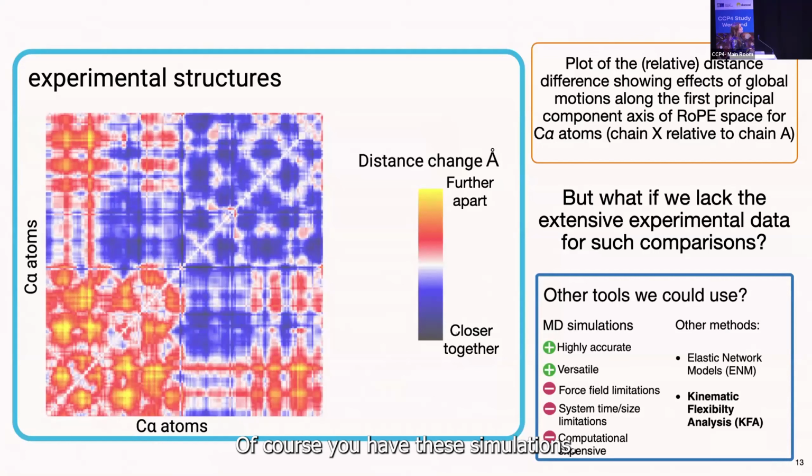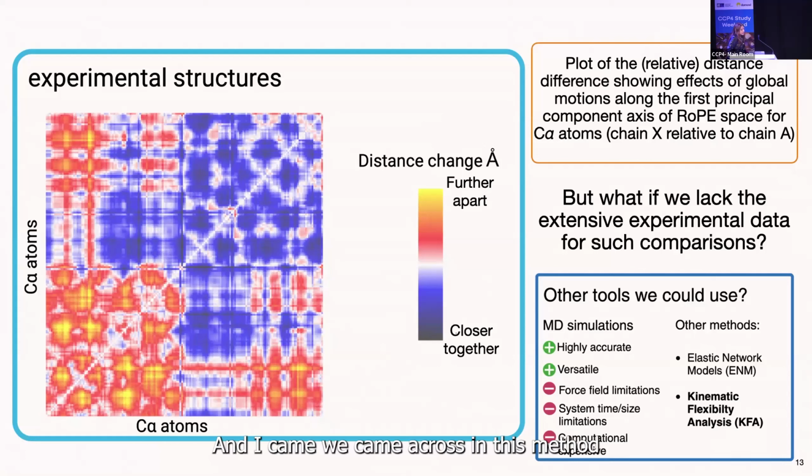You have MD simulations, very accurate and very versatile, but they often come with a cost in time and size, and force field limitations, you don't know exactly, and so on. Then you have other methods like the elastic network model, and the one that I would like to talk about next is the kinematic flexibility analysis.